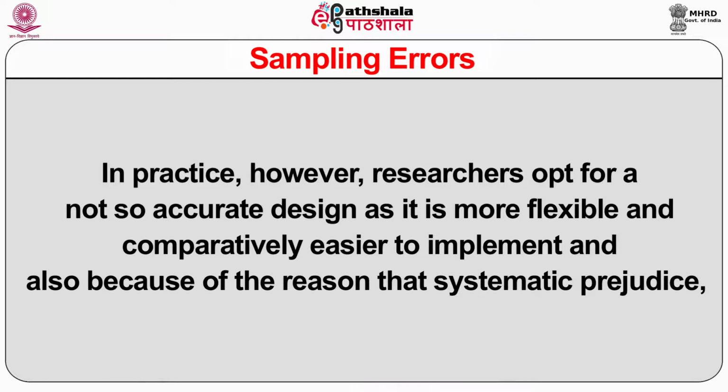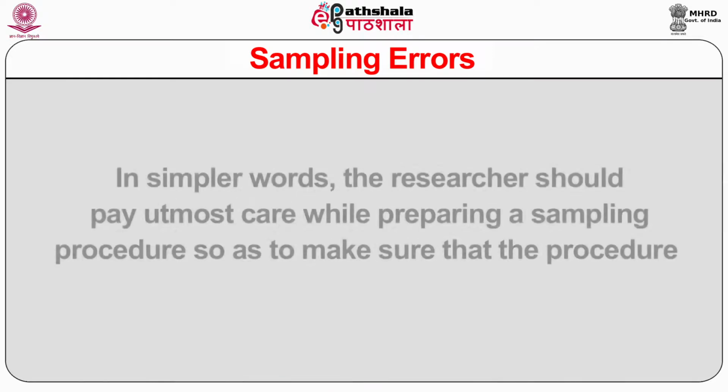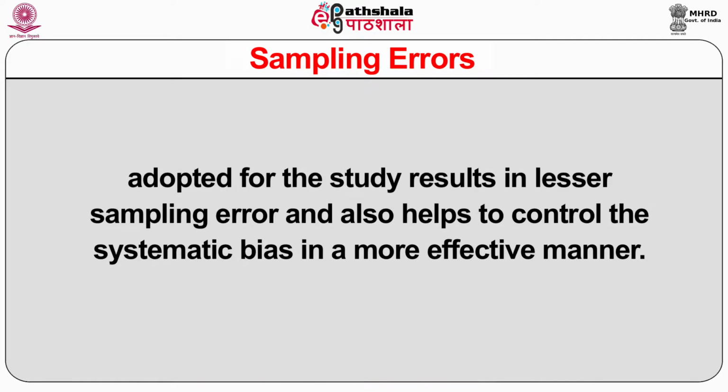In practice, however, researchers opt for a not so accurate design as it is more flexible and comparatively easier to implement, and also because systematic prejudice, if any, can better be controlled in such a sample design. In simpler words, the researcher should pay utmost care while preparing a sampling procedure so as to make sure that the procedure adopted for the study results in lesser sampling error and also helps to control the systematic bias in a more effective manner.